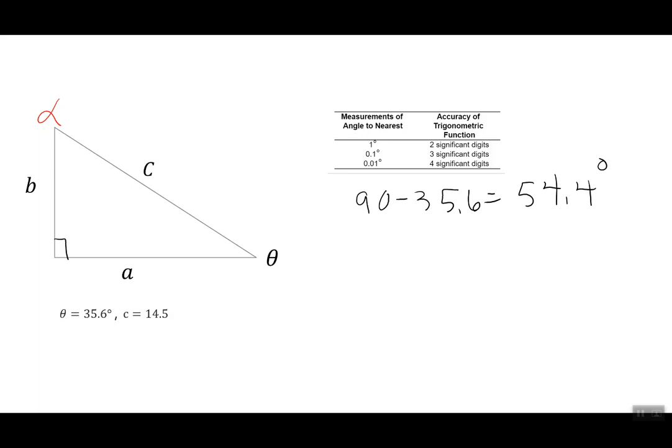Let's start with A. A is adjacent to theta. Adjacent makes me think of cosine. So cosine of theta, which is 35.6, will be the adjacent A over the hypotenuse C, and C is 14.5.